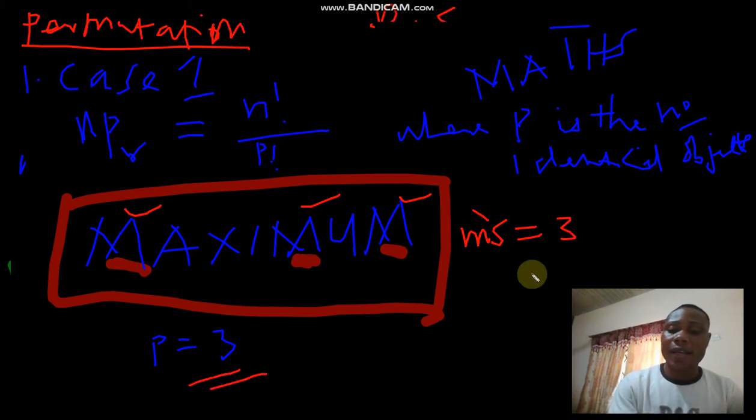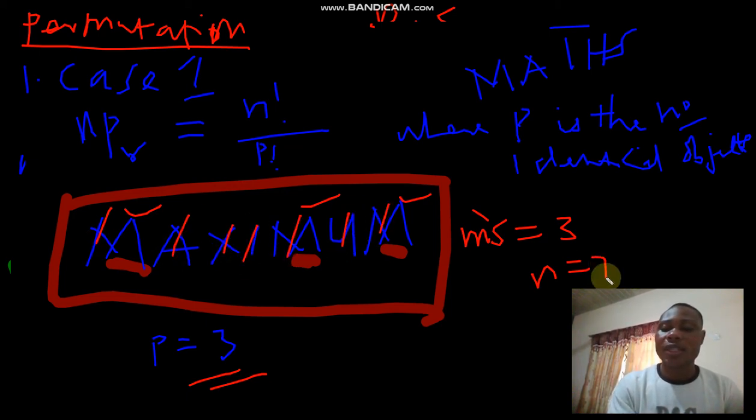And my n is the number of letters in the word maximum: 1, 2, 3, 4, 5, 6, 7. So my n is 7 and my p is 3.